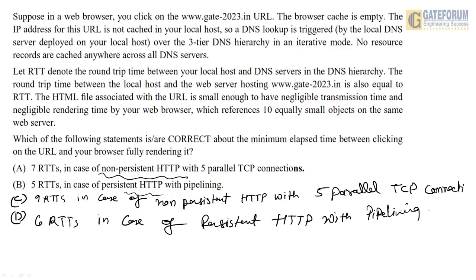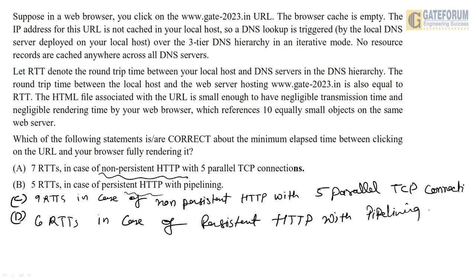Now see the question. Suppose in a web browser you click on the www.gate2023.in URL. The browser cache is empty. The IP address for this URL is not cached in your local host. So a DNS lookup is triggered over the 3-tier DNS hierarchy in an iterative mode. No resource records are cached anywhere across all the DNS. Let RTT denote the round trip time between your local host and DNS server in the DNS hierarchy.